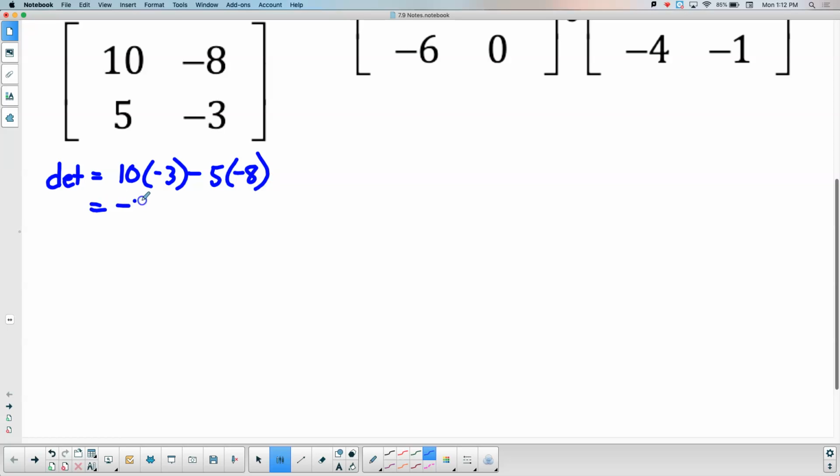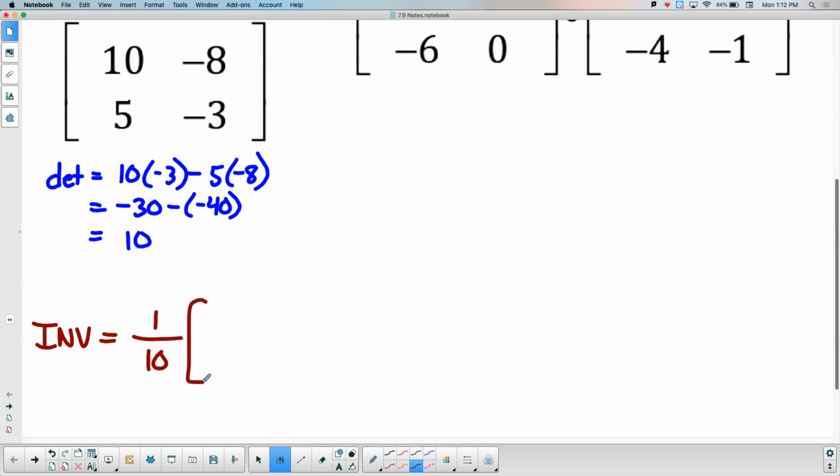That's negative 30 minus negative 40, which is positive 10. So the inverse, we'll just call it INV, is going to equal 1 over 10 times the matrix. Switch the main diagonal, so negative 3 goes up there, positive 10 goes down there, and negate the other two, so that becomes negative 5 and positive 8.